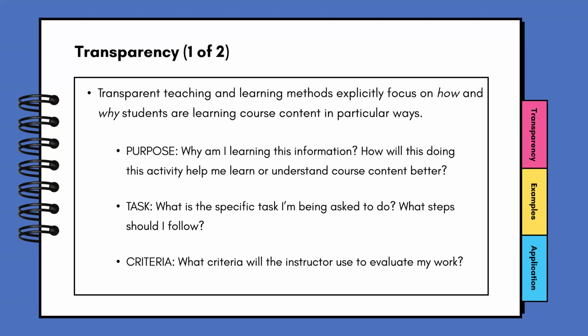And another element of criteria is if you actually include examples of student work plus annotations of how you graded that work. So that way students have an idea, okay, here is a student example. Here are the instructor comments and what kind of grade that student had gotten as a result.